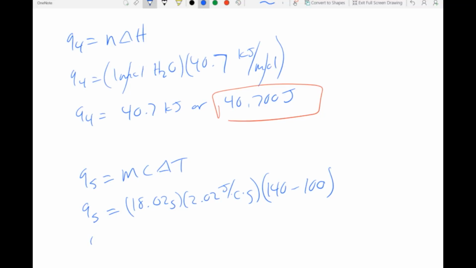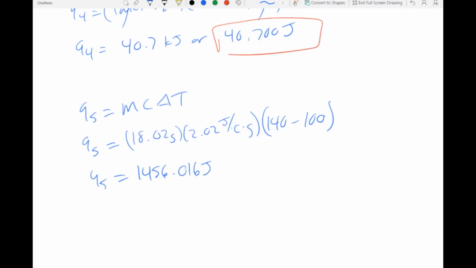So Q5 will equal 456.16 joules. Okay, so that's our last Q that we want.